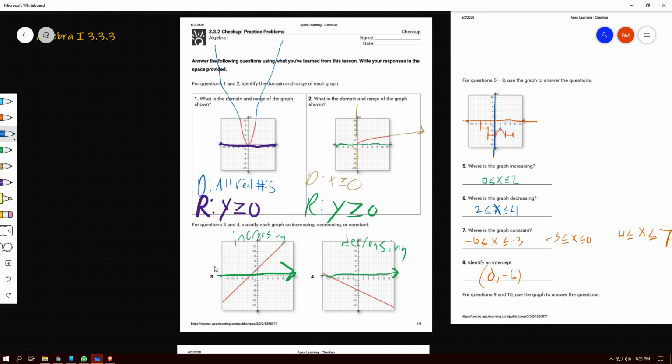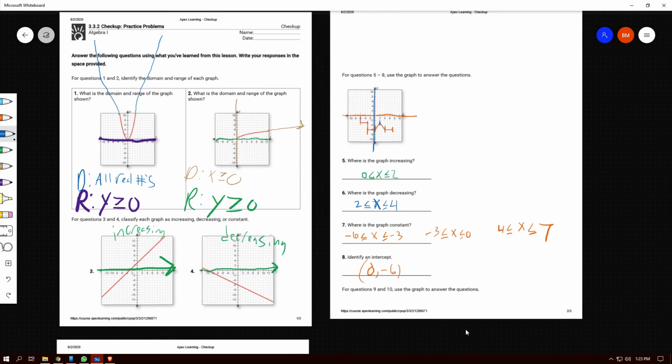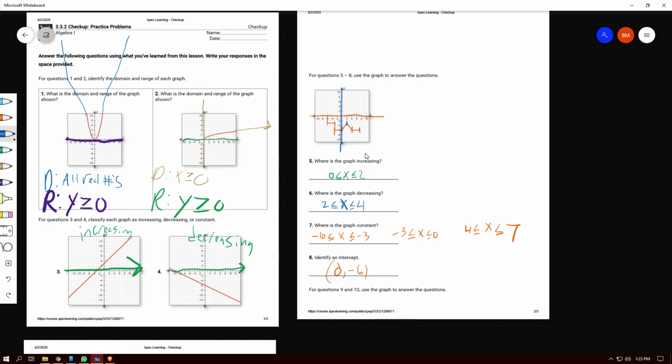Increasing, like a book, I'm reading left to right. So if I go left to right and the graph goes up, it's increasing. If I go left to right and the graph goes down, it's decreasing. If I go left to right and the graph stays horizontal, it doesn't go up or down, that's constant. And then when we're looking for where the graph is increasing, decreasing, or constant, we're just looking at the x values, not the y values, of where the graph is either going up, going down, or staying the same.